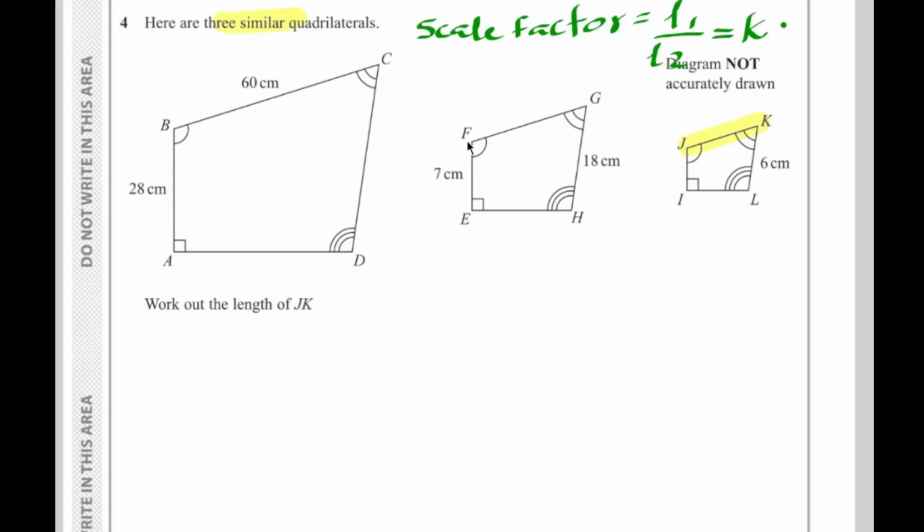Corresponding length is not given. Therefore, although you can get this length ratio or the scale factor, it is pointless because you don't know what the corresponding length is. Therefore, we'll get this length first. Then we can apply the scale factor with this one and we can get this length. So to get this length, if I'm considering this one and this one, yes, the corresponding length of this one is given here.